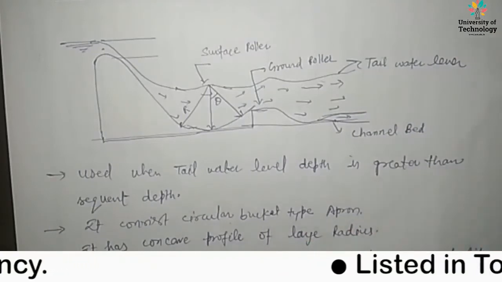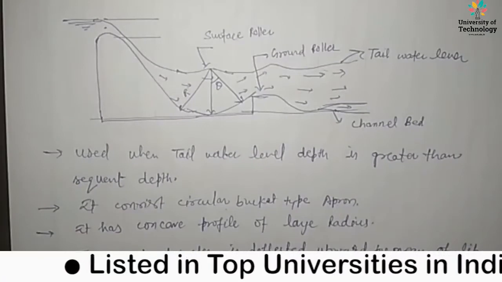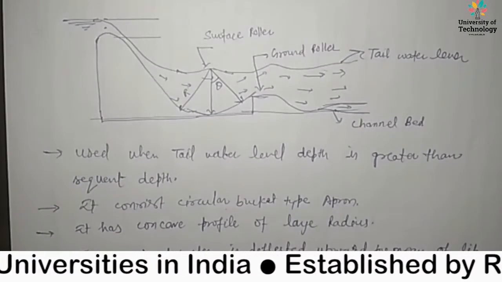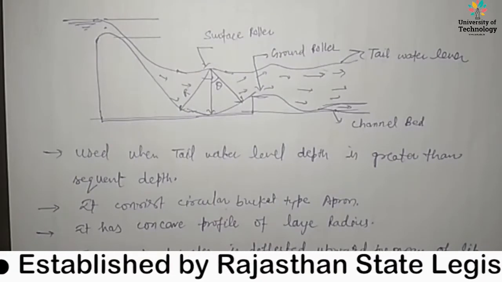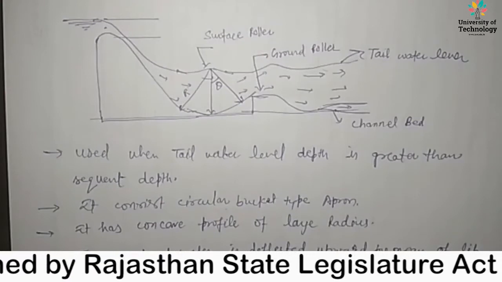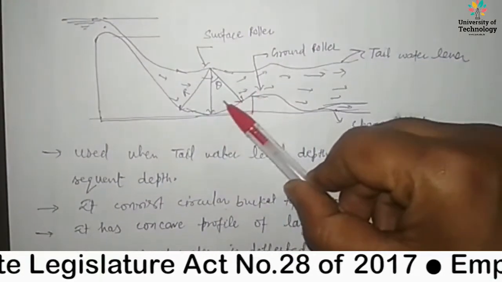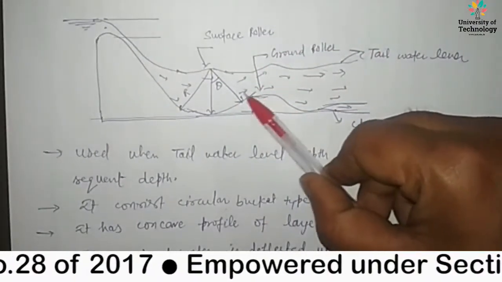Next point is the sheet of water is deflected upwards by means of a lip at the end of the bucket, and two elliptical rollers are formed. You can see here it is deflected upwards by means of the lip.